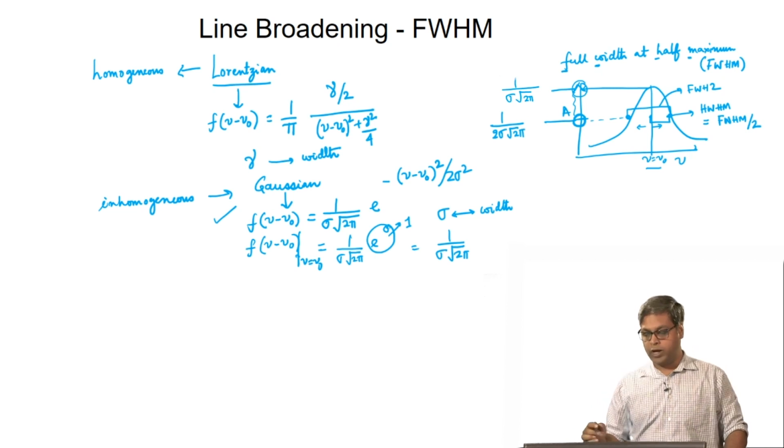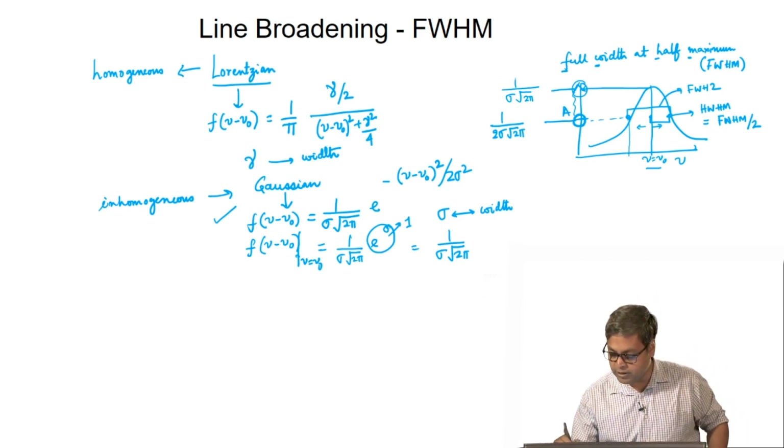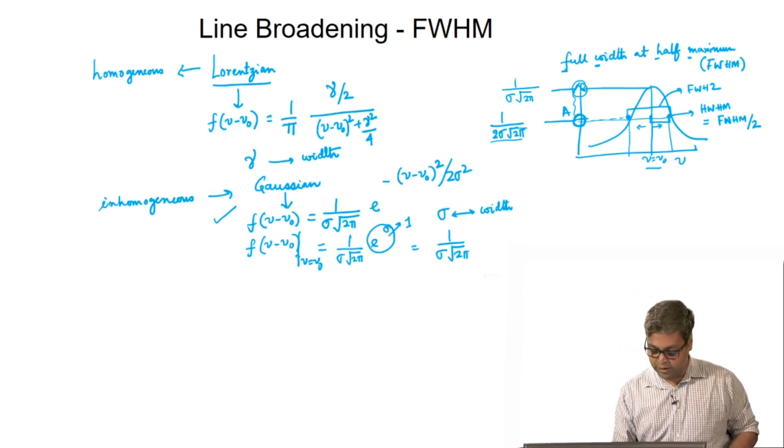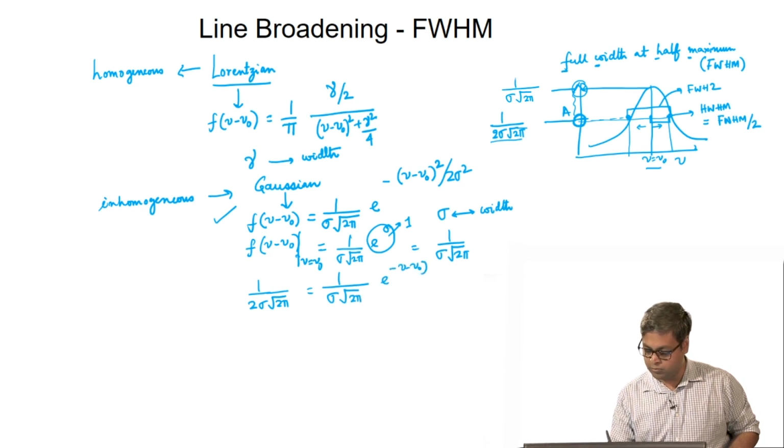So, now we have to find the frequency at which the absorbance is 1 by 2 sigma root over 2 pi. So, we can write 1 by 2 sigma root over 2 pi equals 1 by sigma root over 2 pi e to the power minus nu 0 squared by 2 sigma squared.